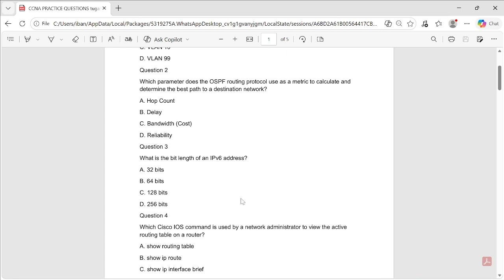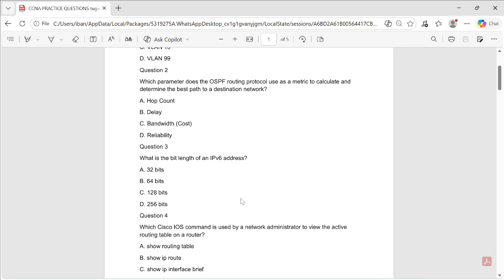The correct answer is C, 128 bits. The explanation: IPv6 is designed to use a 128-bit long address written in hexadecimal format, unlike IPv4, which only uses 32 bits.